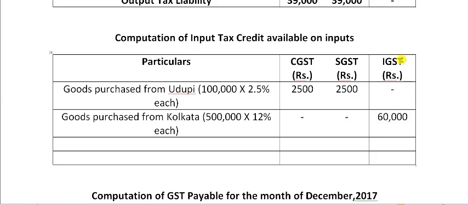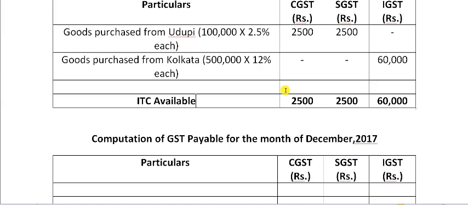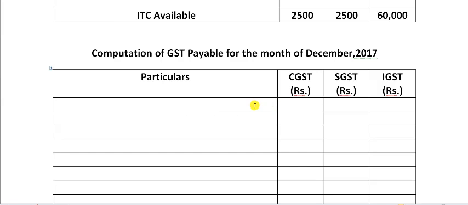ITC in this case will be available under IGST. So ITC available, that is input tax credit available, is 2,500 under CGST, 2,500 under SGST and 60,000 under IGST. The output tax liability is 39,000 of CGST and SGST respectively. Let us see what will be the GST payable after claiming ITC.